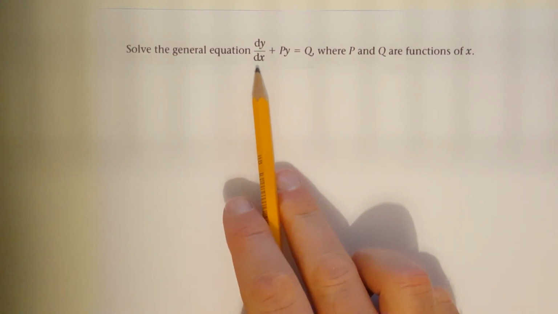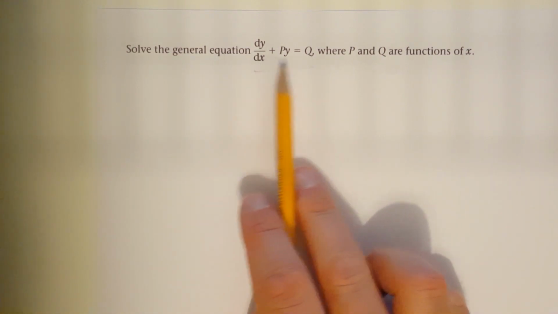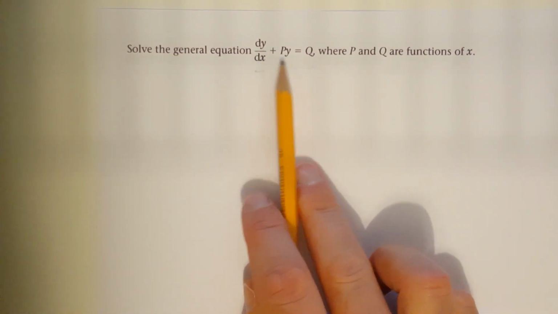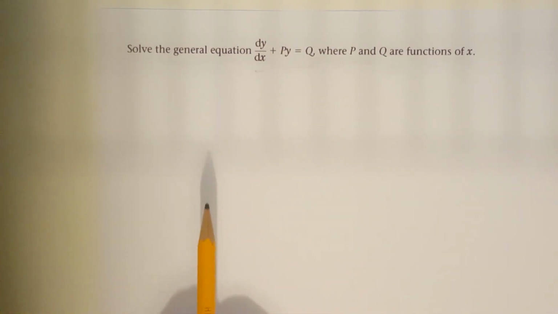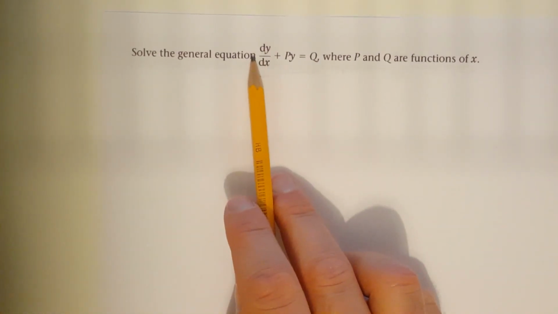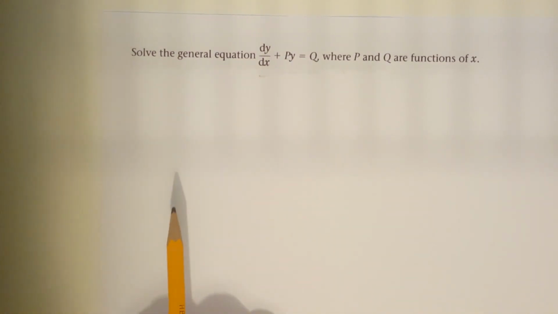Now, up until now, this left-hand side has fitted the product rule, or we've been able to rearrange so the left-hand side fitted the product rule. Now in this case, that's only going to work if we've got a 1 here, haven't we? So if I differentiate 1, do I get p? Well, no, so that's not going to work.